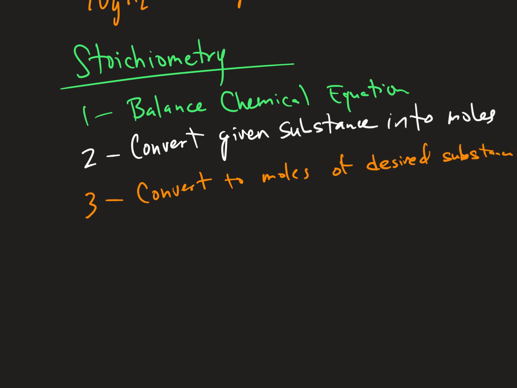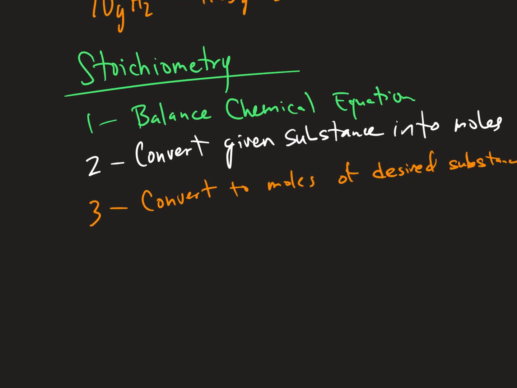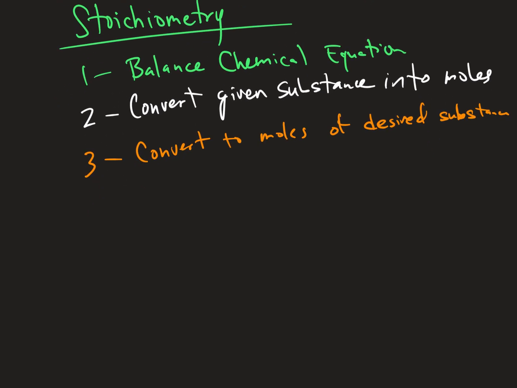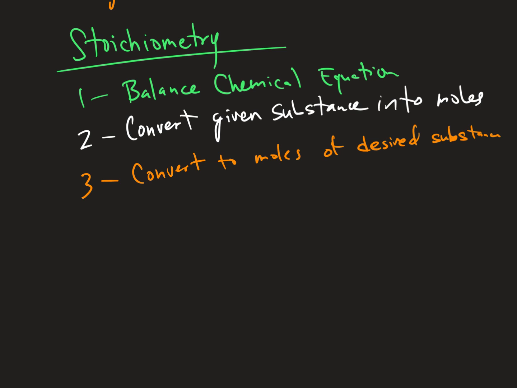And again, guys, we're just following the mole roadmap here. In fact, I'll show you this after we're done here. And step 4, we convert to desired unit, whether it be grams or moles or milliliters or particles or whatever, right?